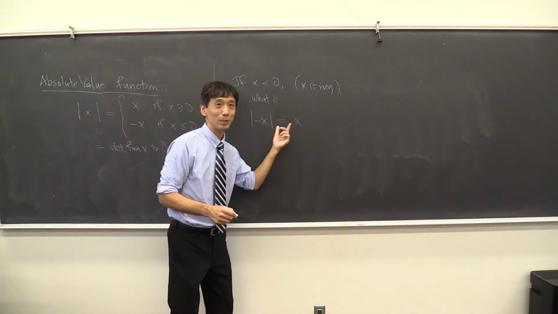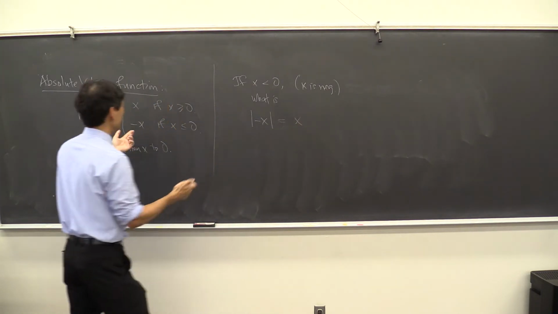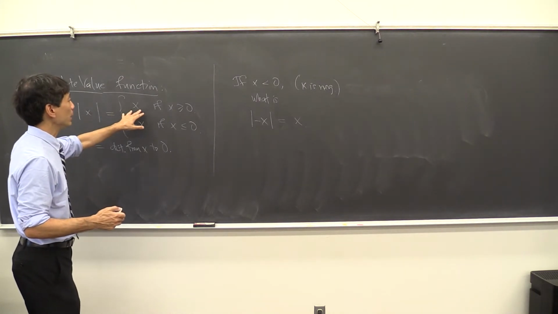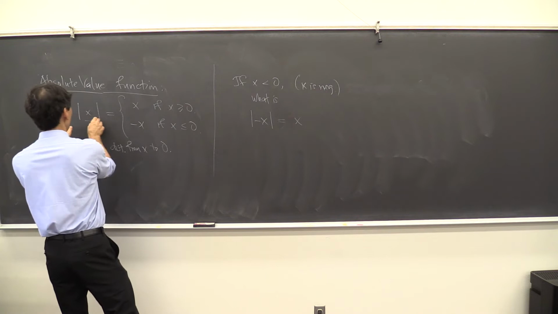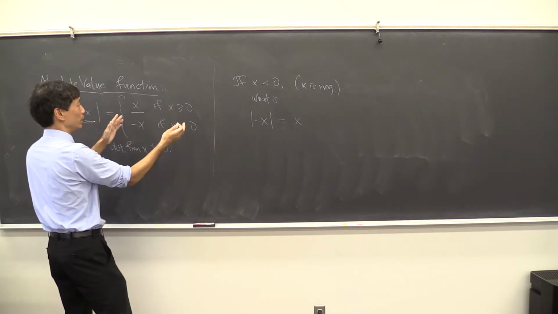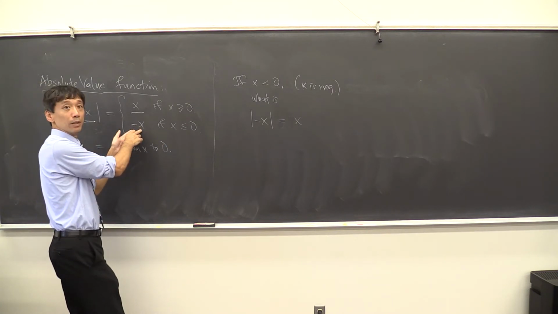You can't just pull off the negative sign. You have to go back to the definition and say, the definition says, if x is positive, the function will return the input. If x is negative, the function will return -1 times that input.